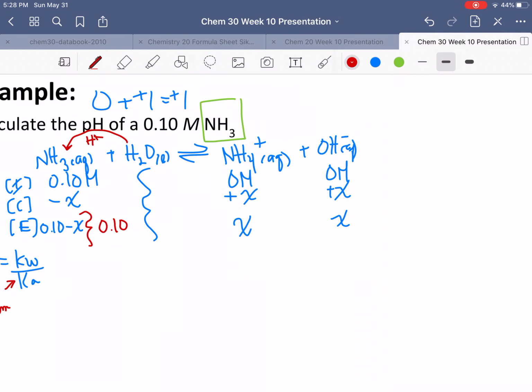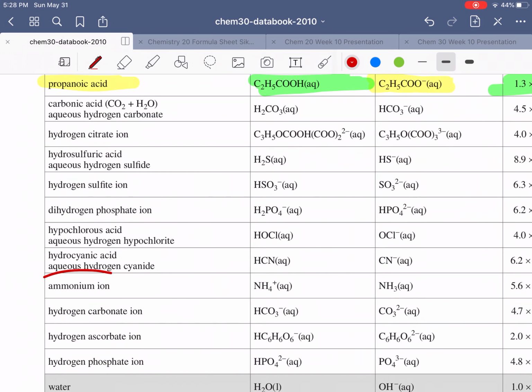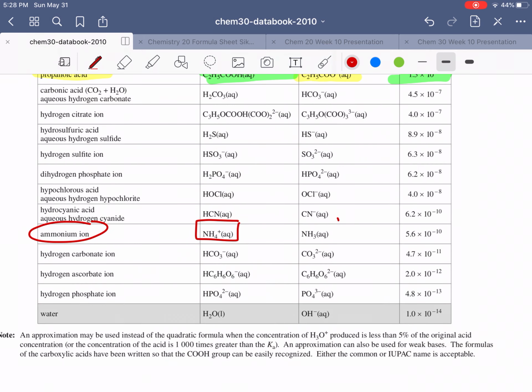Hint, hint, guys, it'll always be what is produced with hydroxide. So in other words, you're going to go to your Chem 30 data booklet and start doing a hunt. If your brain understands the ammonium, great. But if you need to look for the formula, then no problem. Or you can look for the base formula if that makes it easier for you. And there you have it. There is your Ka associated with the conjugate acid of the ammonia base.